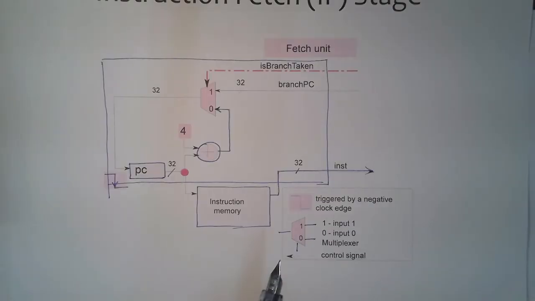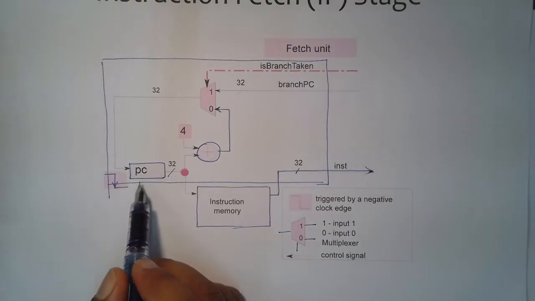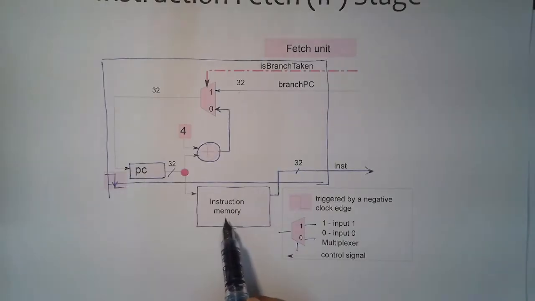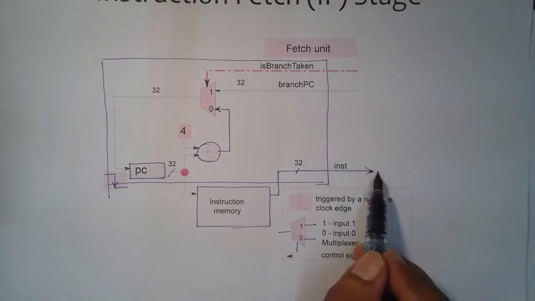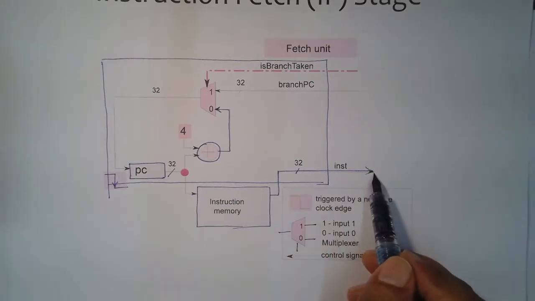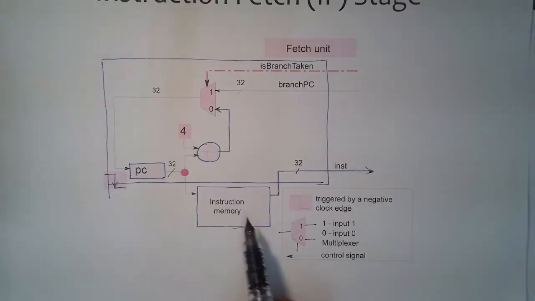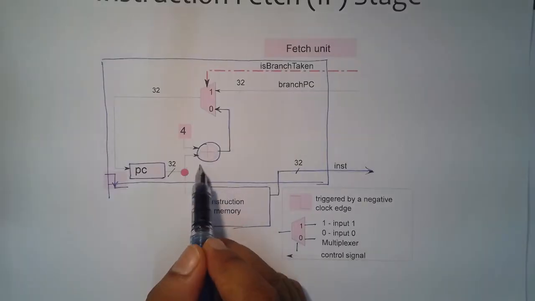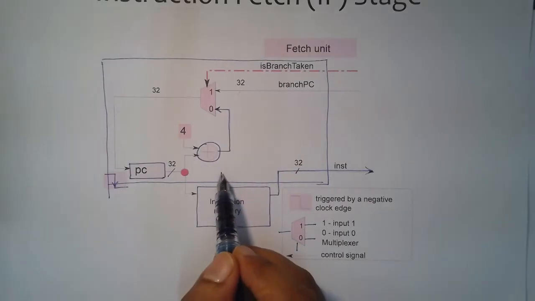So, what we do in this instruction fetch, we use PC to access the instruction memory to get the instruction. So, instruction fetch essentially gives us the instruction that needs to be executed, and it also updates the PC. Now, how does it update it?